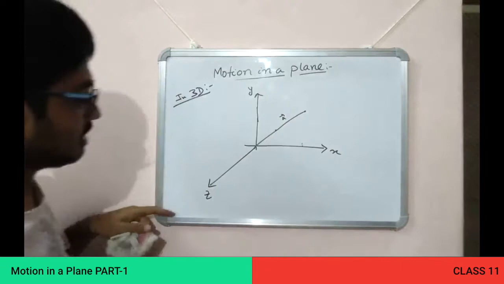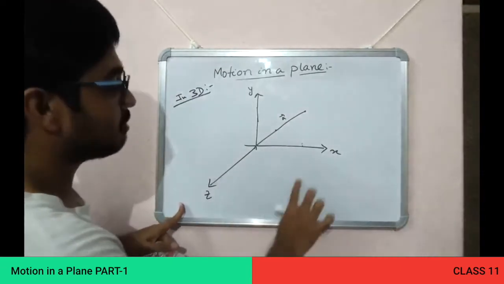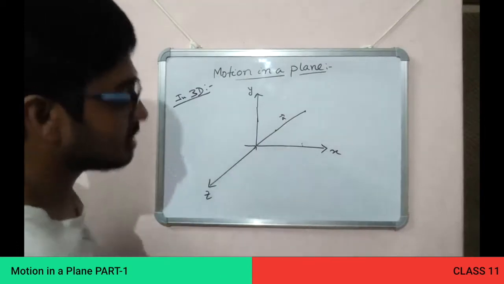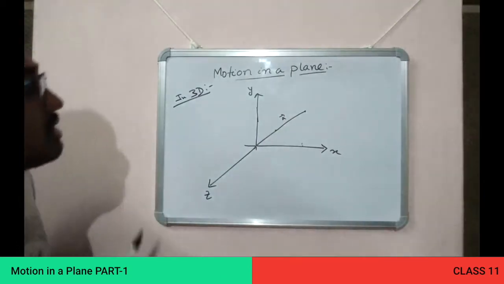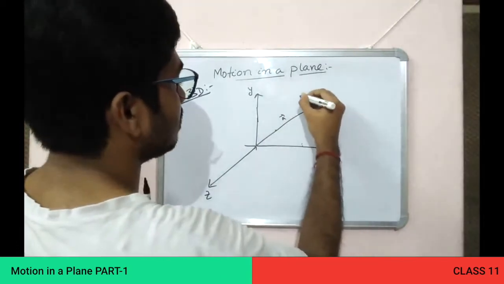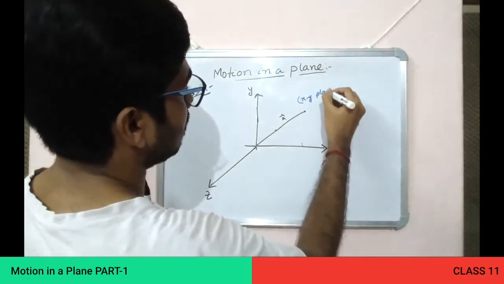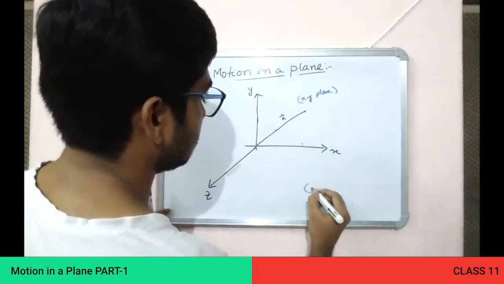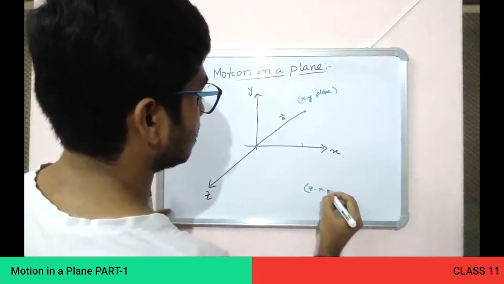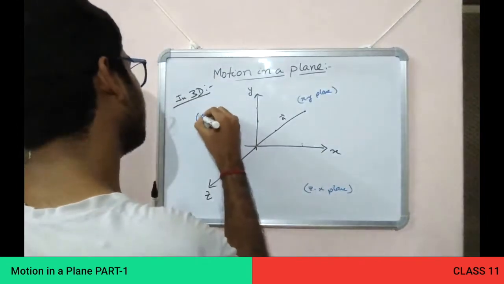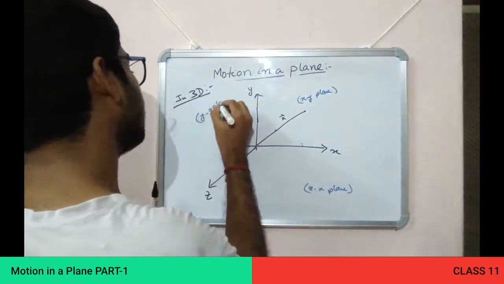So consider here is a plane, the XZ plane, here is the YZ plane, and here is a plane that I am writing as the XY plane. This is the ZX plane, and this is the YZ plane.